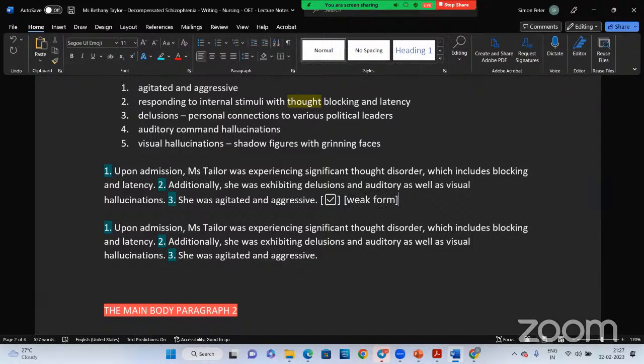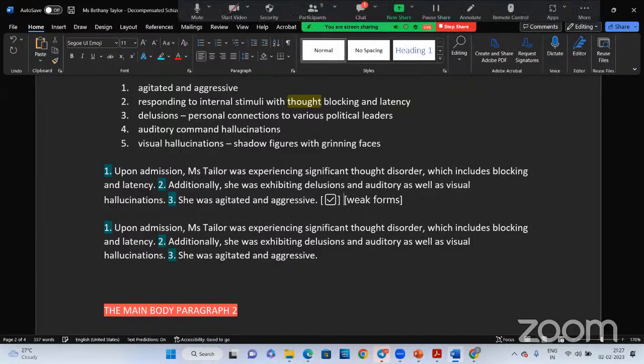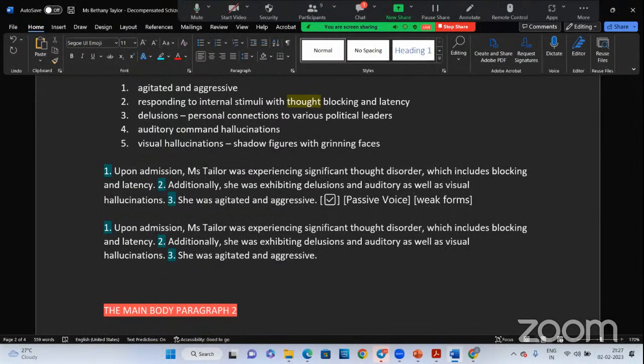Weak forms of passive voice. All are passive forms only, but they are weak forms because in every sentence there is Miss Taylor. Every sentence you write, one sentence Miss Taylor, another sentence she, another sentence she.